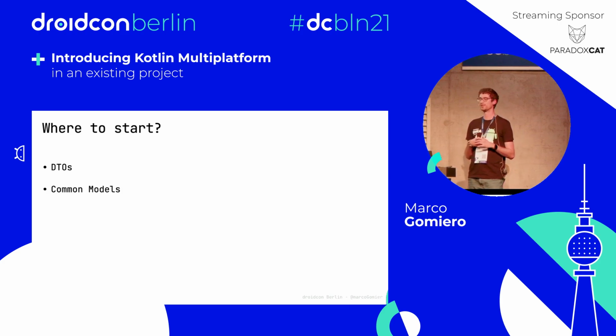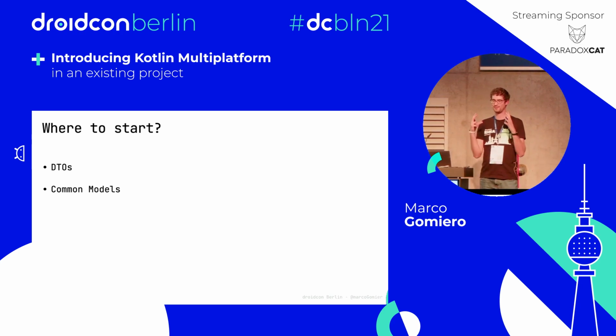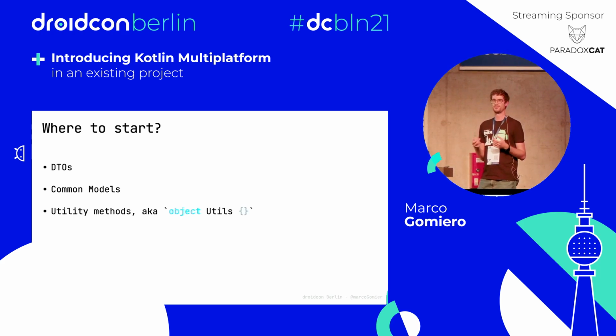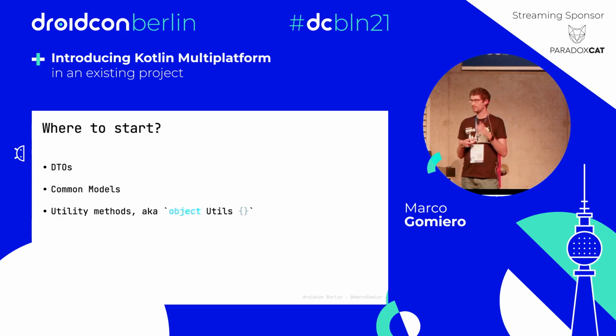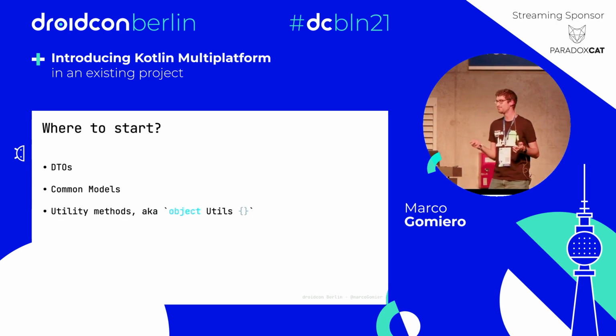For example, you can start from your common models that are maybe the same. That is the same concept as for DTOs, so you can have a single point with all the stuff of your business logic in it. Or you can start from the beautiful utility methods that every project has.